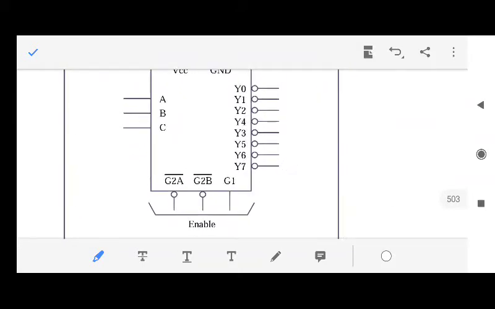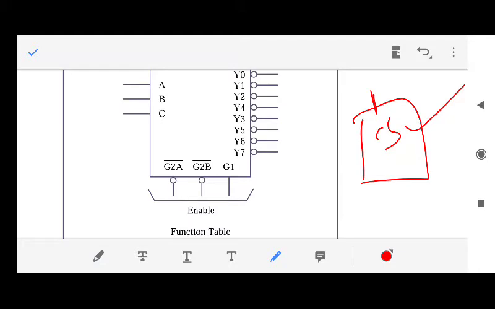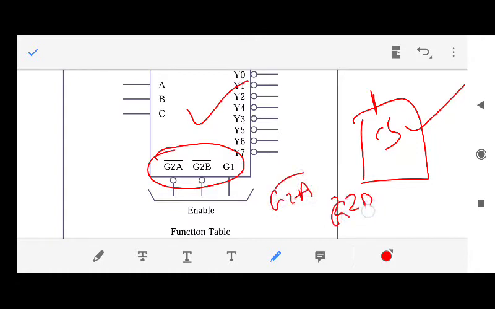Since there are n number of ICs connected in a computer system, you need to enable each chip whenever it is used. Similar to memory, where you have a chip select signal to enable the IC, to enable this decoder IC also you have three input signals. These are G2A bar, G2B bar and G1.